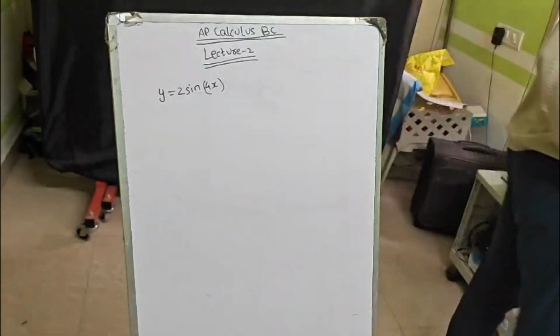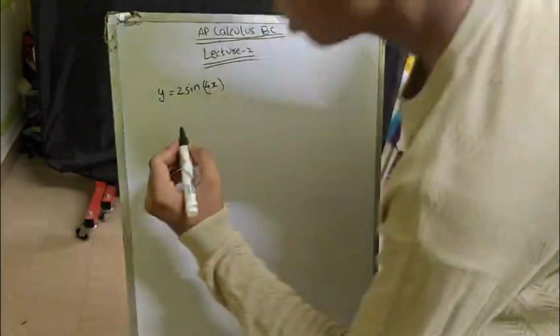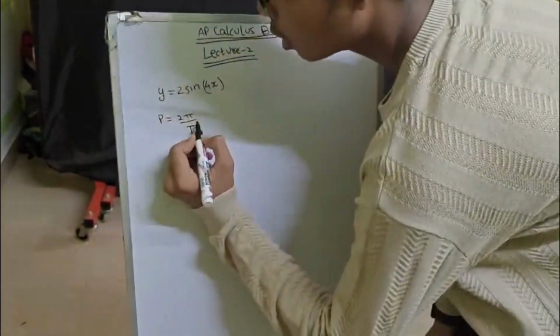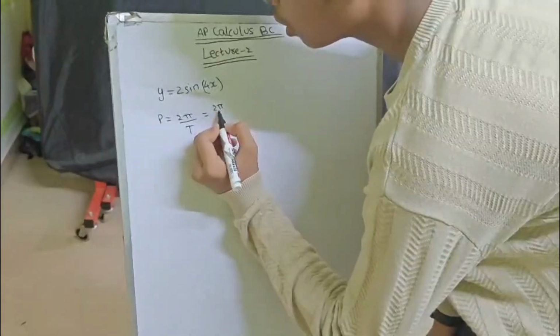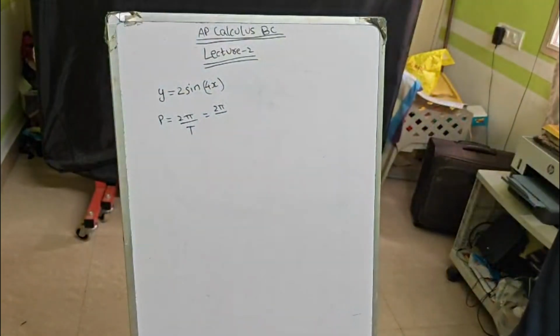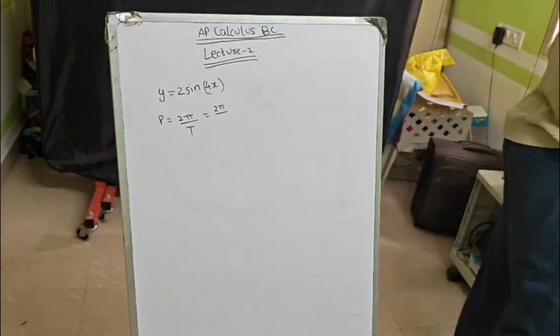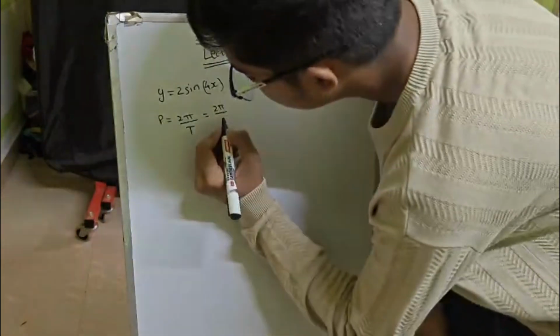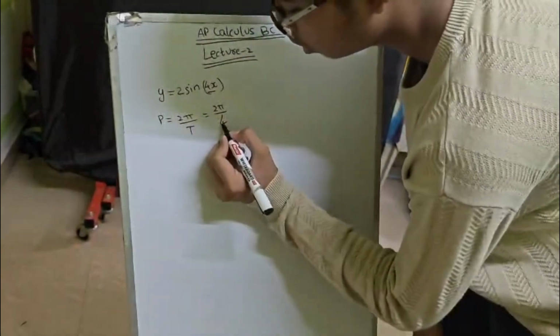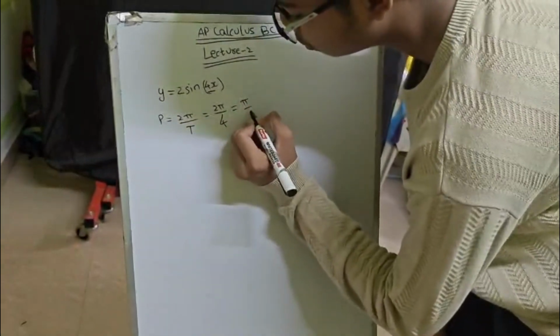Period is equal to 2 pi by b, which is 2 pi by 4, because it's 4, right? So 2 pi by 4 is pi by 2.